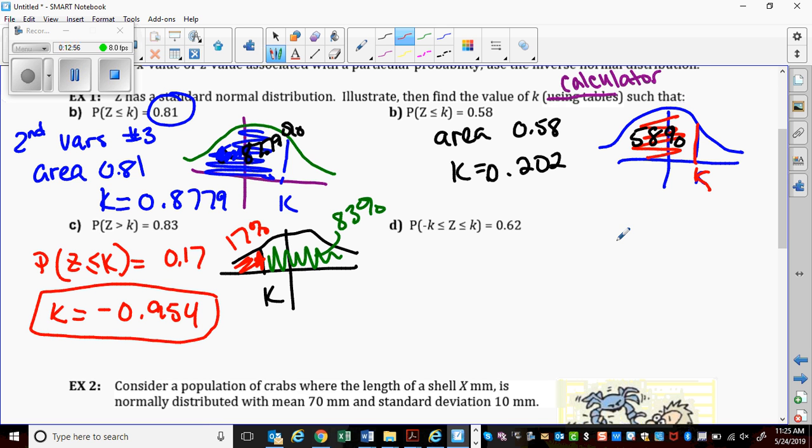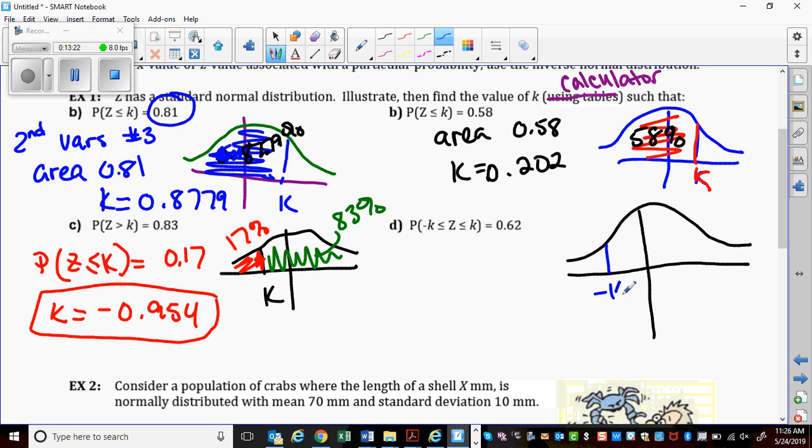All right, this one is a little tricky also. I want to go over it. We have a normal curve, and we are trying to find which k will give us an area underneath the curve between negative k and k of 0.62.